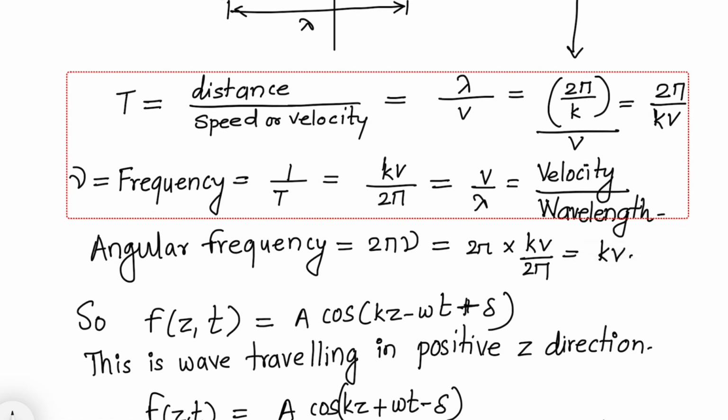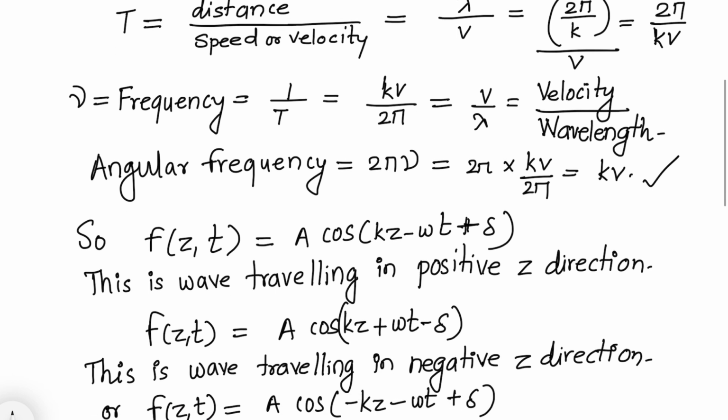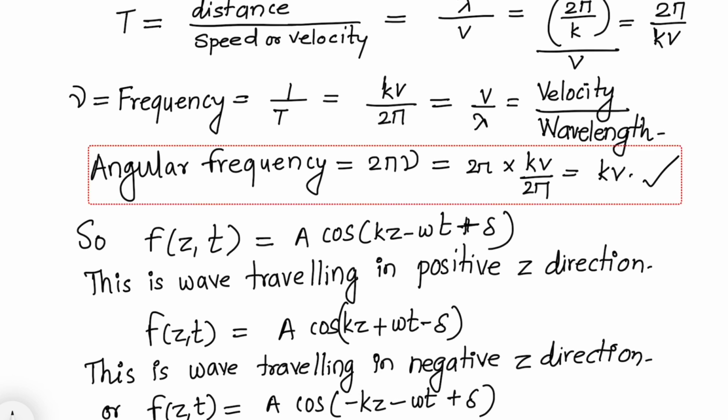Then if we talk about angular frequency, that is equal to 2πν, and we take the ν value from the frequency, that is kv/2π. So 2π will get cancelled and we will get angular frequency ω = kv, where k is the wave number and v is the velocity.